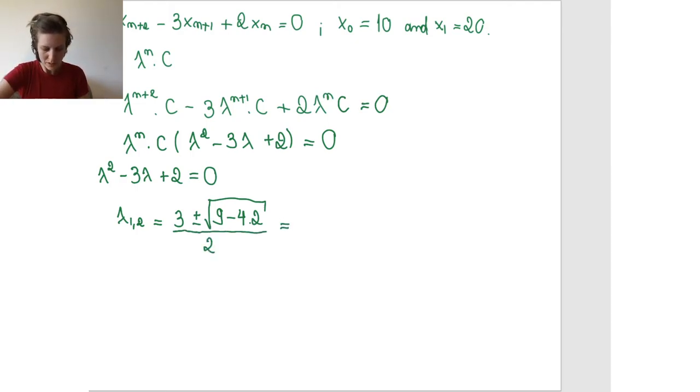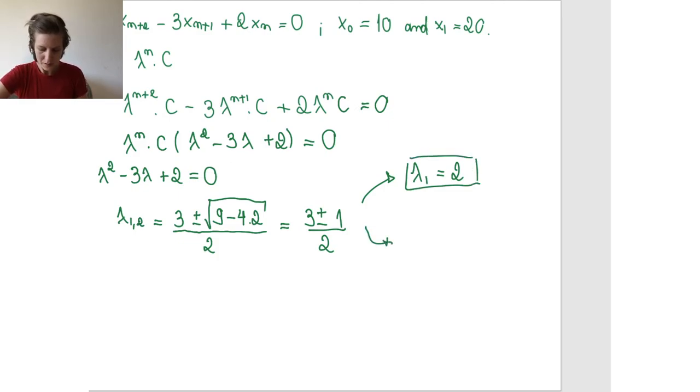So it will be 3 plus or minus 1 divided by 2. So we get that lambda 1 is equal to 2, and lambda 2 is equal to 1.